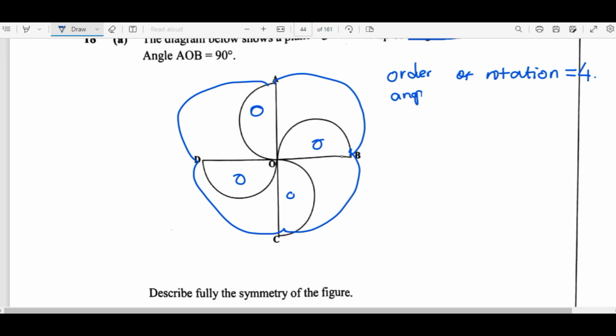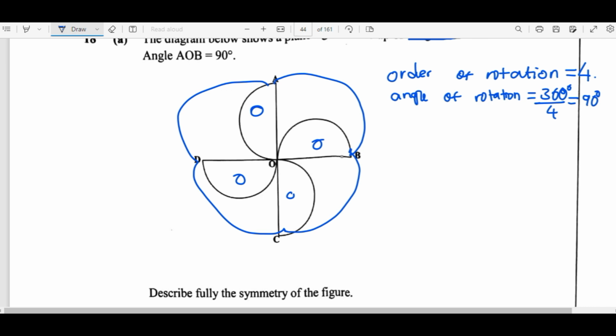Then after we found the order of rotation, let's look at the angle of rotation. So how do you find the angle of rotation? It is equal to 360 divided by the order, which gives us the angle 90.